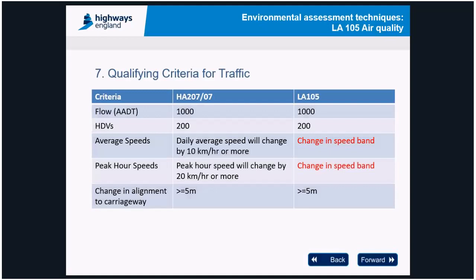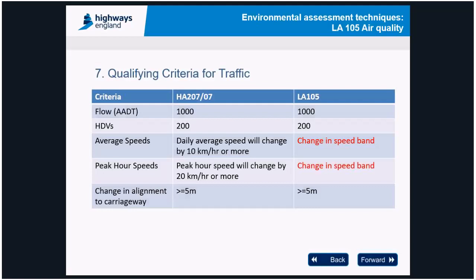What we found through some work that Steve and I did, and unfortunately Steve can't make it today, is that the 1,000 vehicles and the 200 HGVs still was a reasonable change, both from an air quality point of view, but really, and this is critical, in having conversations with our traffic colleagues who do all the traffic modelling work that underpins the air quality assessment, they were de minimis numbers that they would support in terms of having a degree of assurance from the outputs of their traffic modelling.